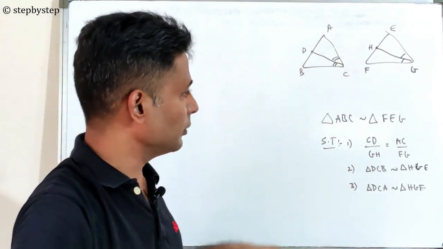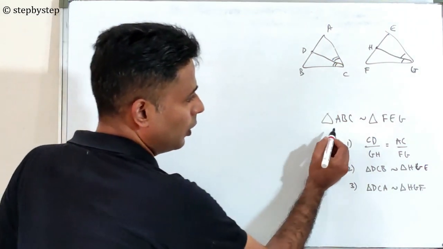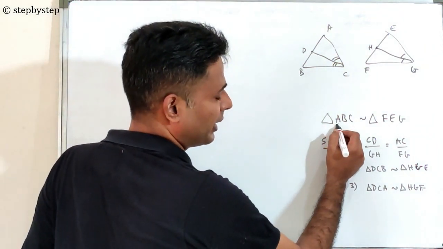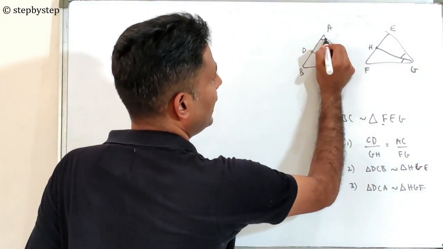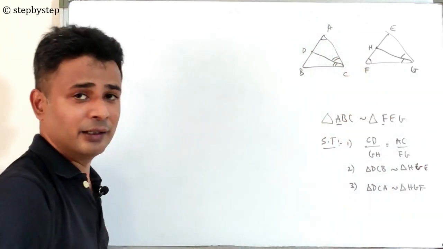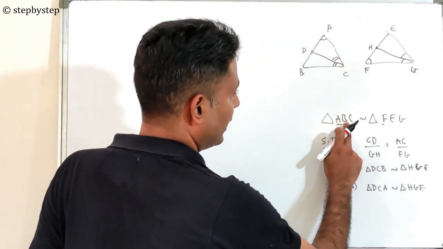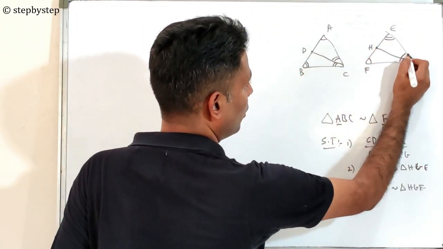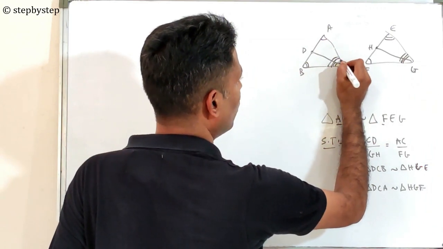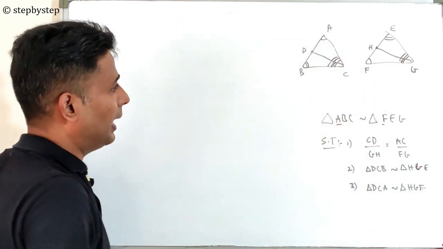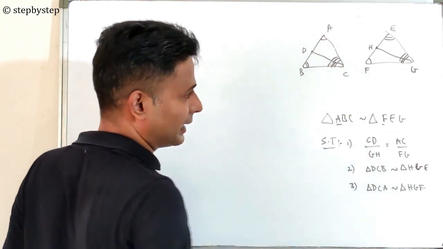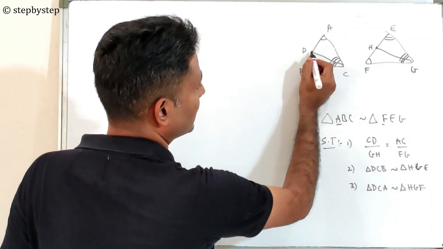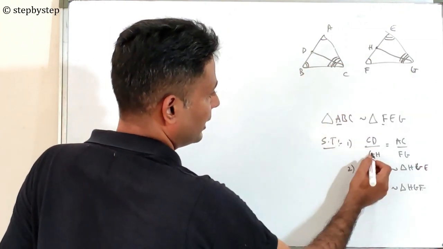Alright, guys, now this is what has been given. They have told us ABC is similar to FEG, which means the corresponding angles A and F are equal, and angle B and E are equal. This whole angle is equal to this whole angle, right? And these two are bisectors. Now they have asked us to prove CD by GH equal to AC by FG.